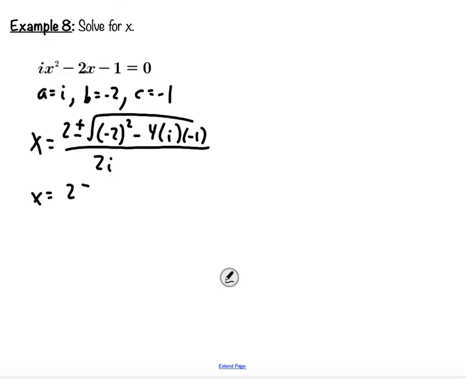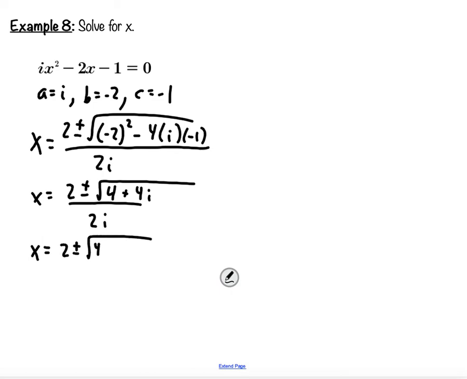So that becomes 4 plus 4i all over 2i. So I'm looking inside the square root there and seeing that both those terms underneath the square root have a 4 in common. So if I take the GCF of 4 out of that, I get 1 plus i. Because if I take a 4 out of 4 there, I'm left with 1.